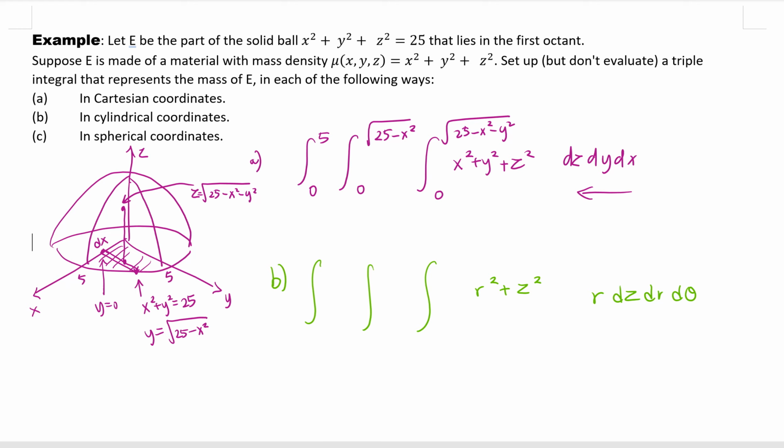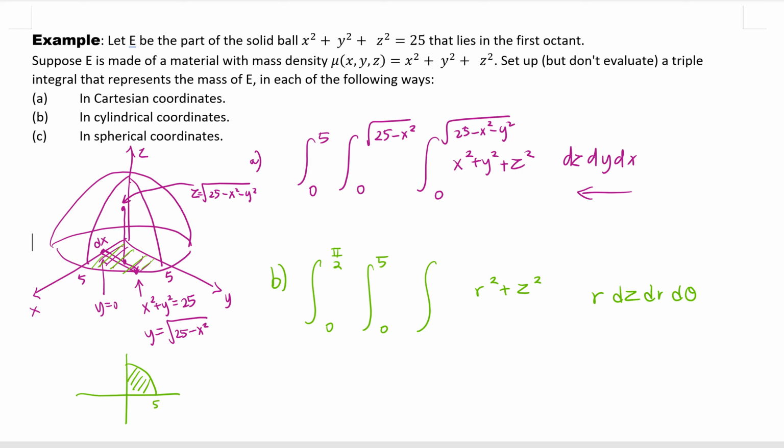Then we also look at the space region. It is a quarter of this disk with radius 5. Our theta is in the first quadrant when we project onto the xy plane, so it goes from 0 to pi over 2, and r is from 0 to 5.